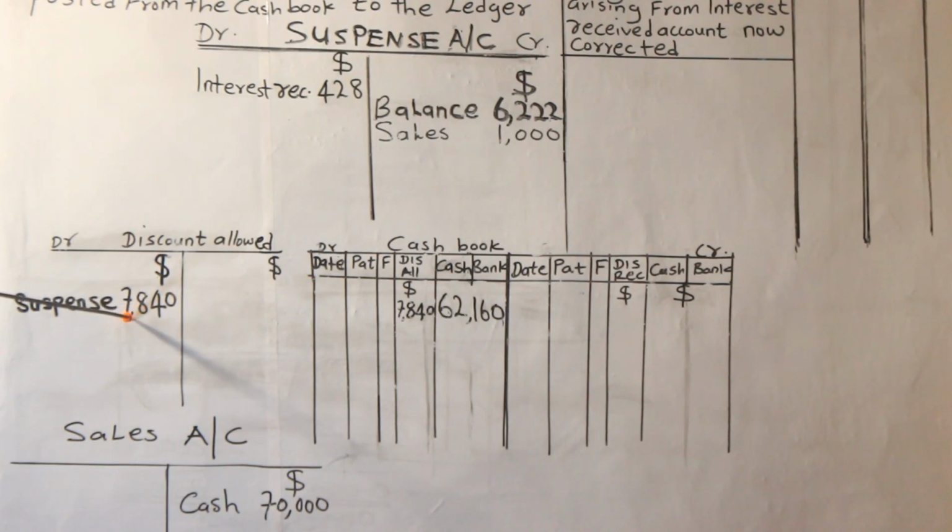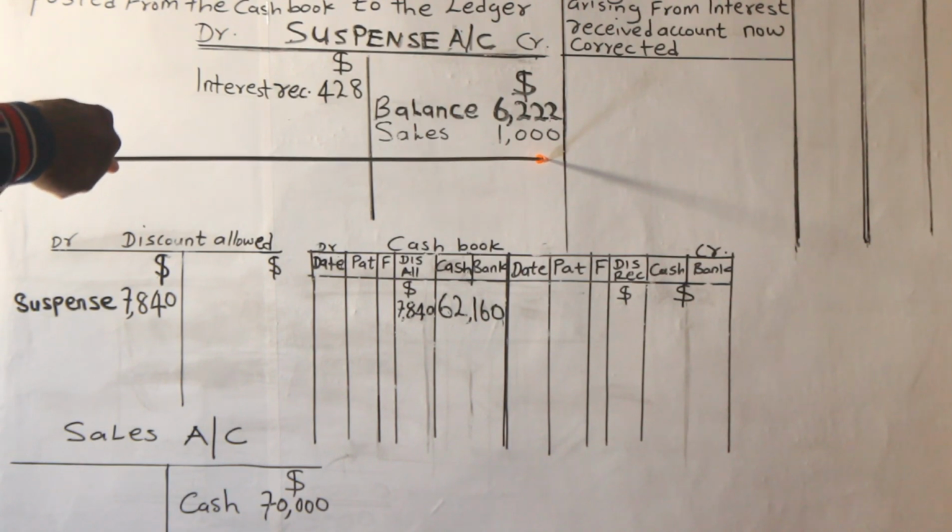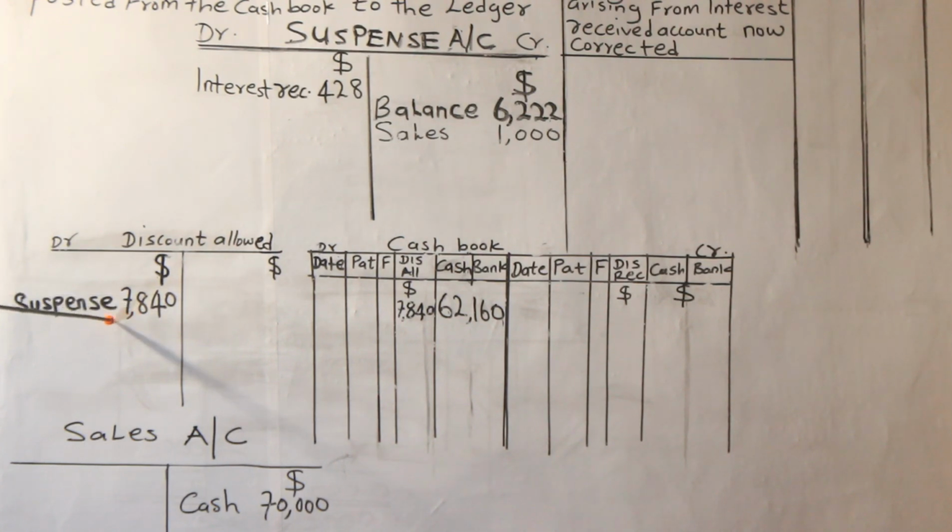So if you go to the suspense account now, this 7,840 will be credited to the suspense account, and this is its position here. But the logic behind it being credited is that the previous 7,840 not recorded has reduced the debit side, and as such has made the credit side of all the transactions to increase.